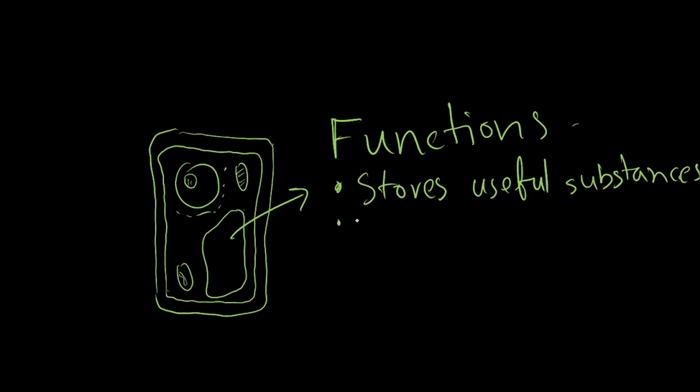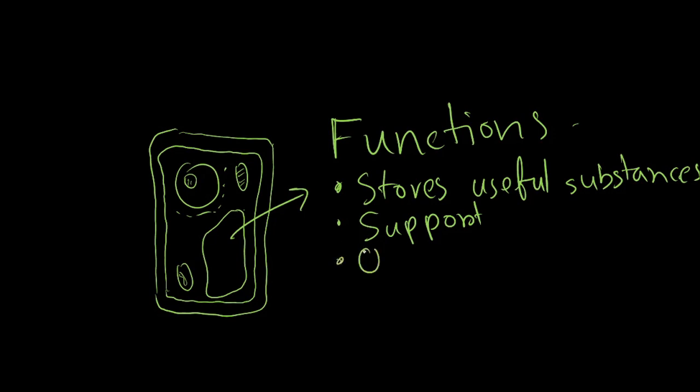The second one, you can say the support. Now, how the support? Well, you see, this vacuole, it pushes against the cell wall of the cell. So it gives it what is known as the turgor pressure. Okay? So that's how it gives it support.